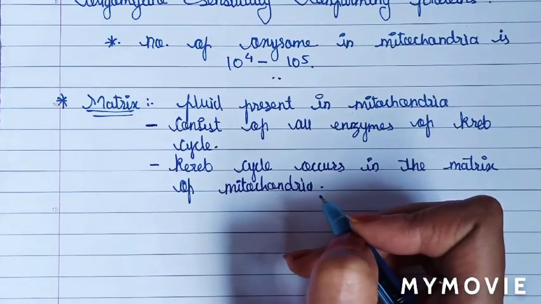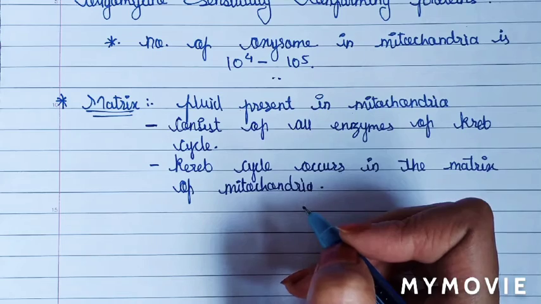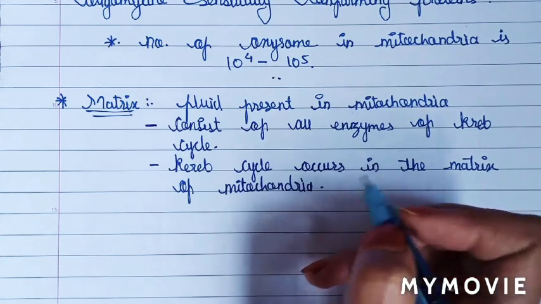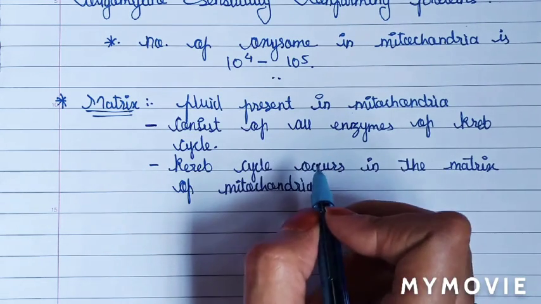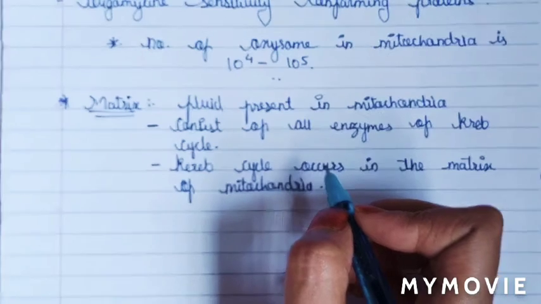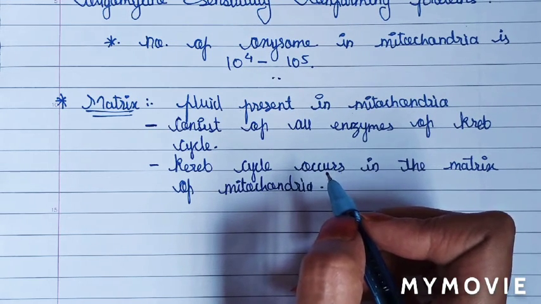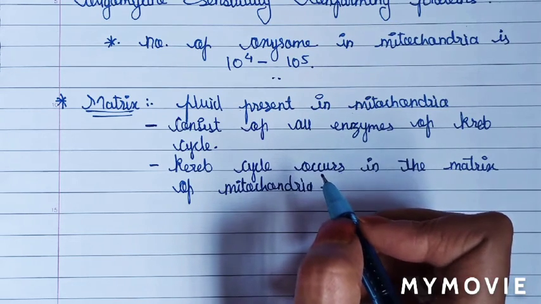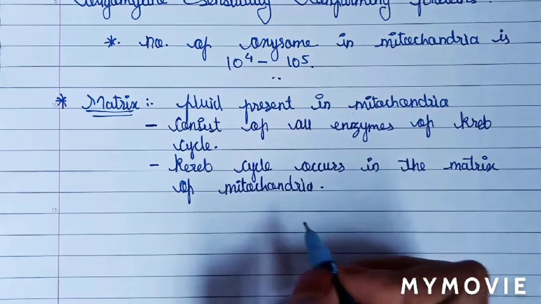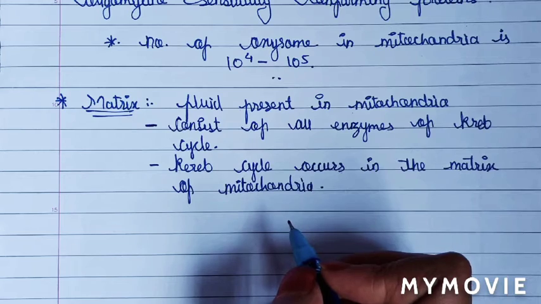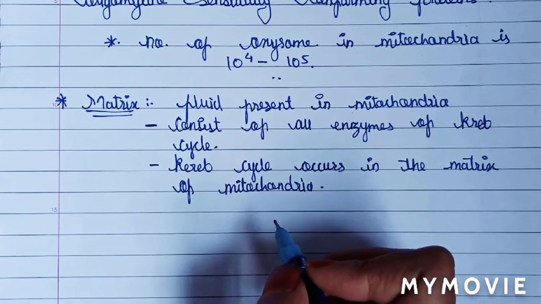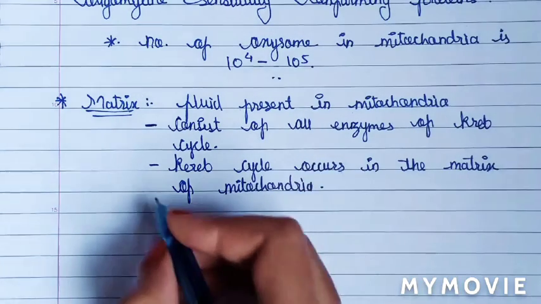Now, this mitochondria consists of many enzymes which are useful in the Krebs cycle. We will take an example, succinic dehydrogenase enzyme, because this enzyme is attached to the inner membrane of the mitochondria.